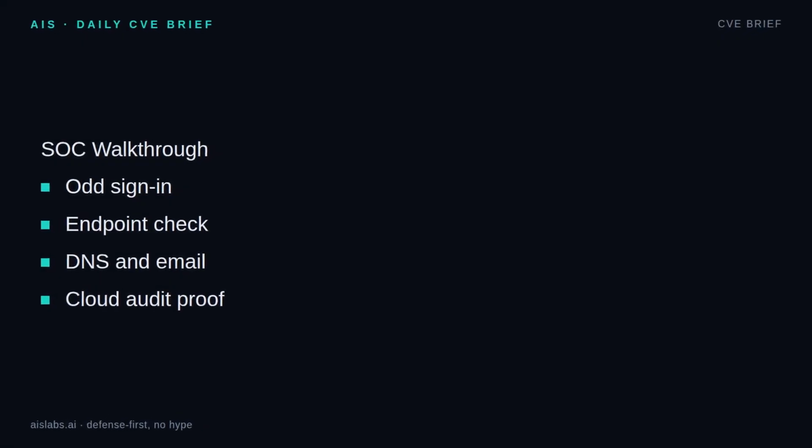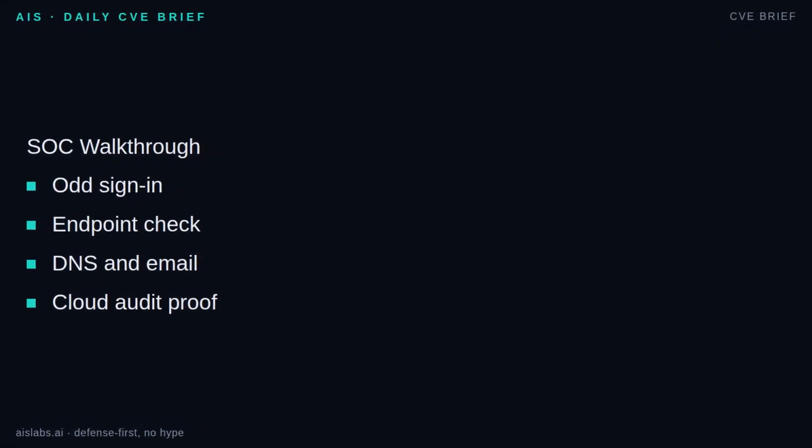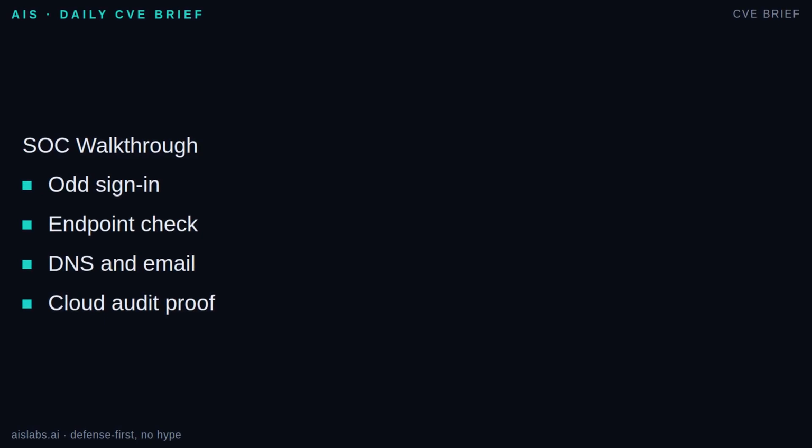A SOC receives an alert: an employee account signed in from an unfamiliar location outside normal hours. Identity logs are the first stop. They show the user, time, device claim, authentication result, and risk signals. The analyst pivots to endpoint and EDR telemetry. The employee laptop was online, but no matching activity came from that location.